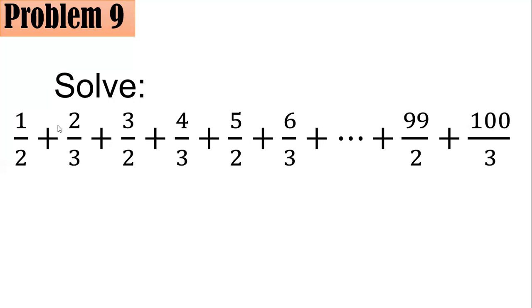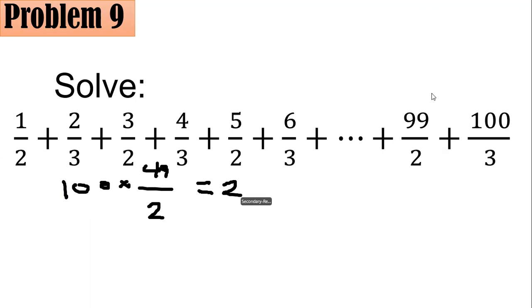One third, 3/2, 5/2 until 99/2. So it means 100 times 49/2 is 450/2.